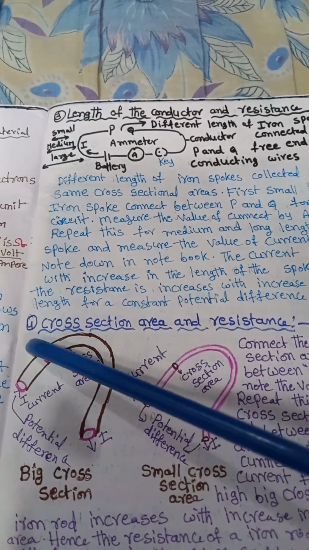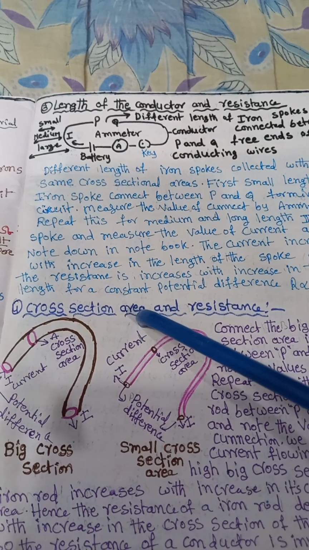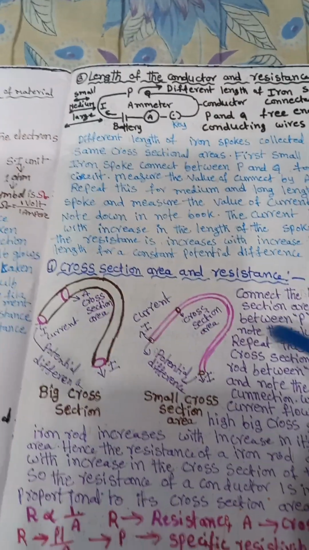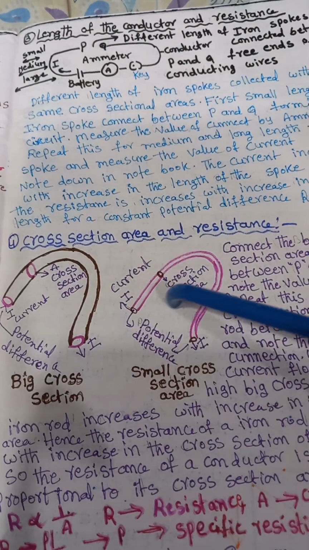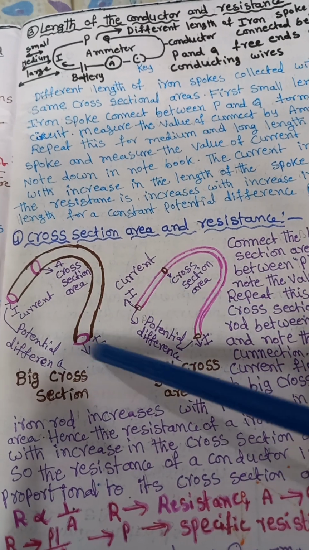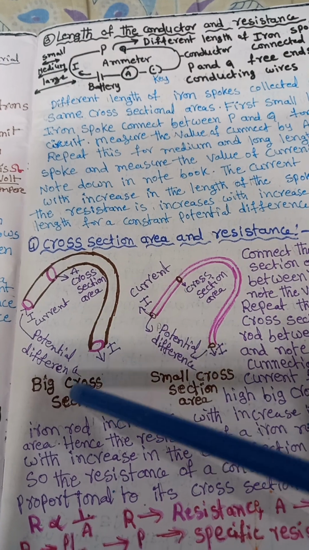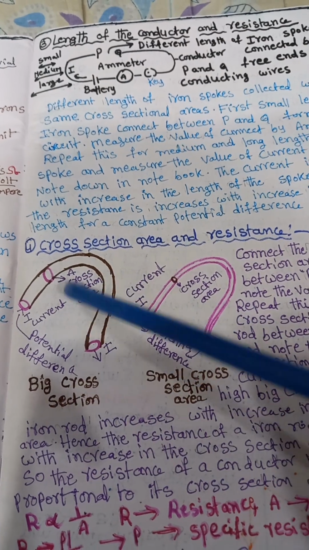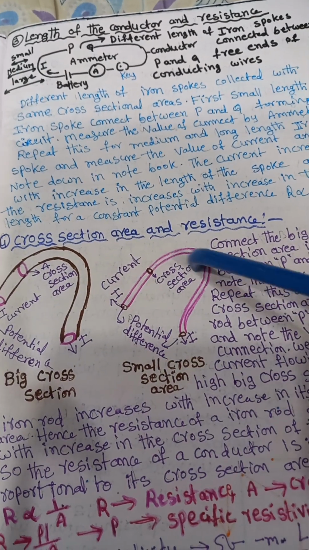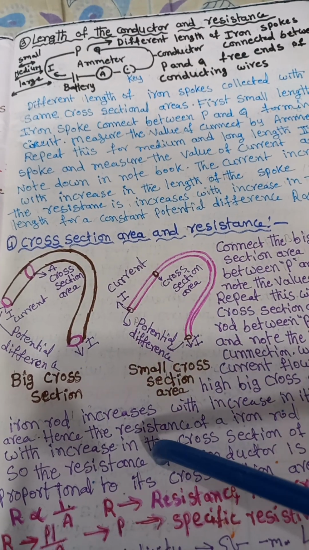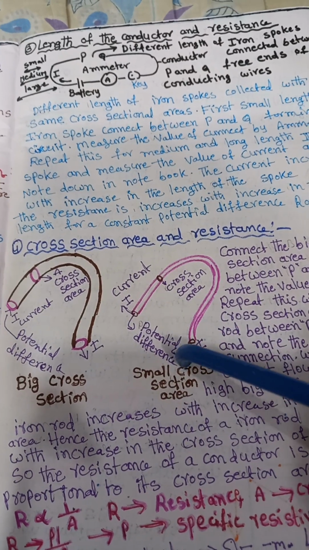Next, cross section area and resistance. Two types of conductors can be seen here. The first conductor has a big cross section, and the second one has a small cross section area.